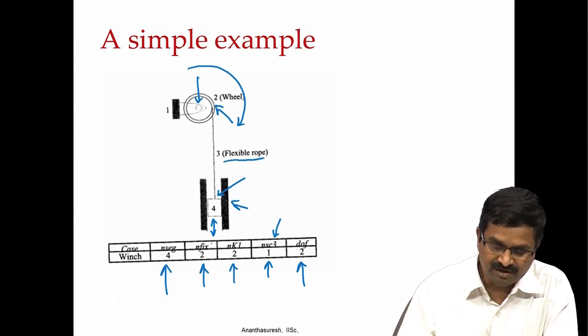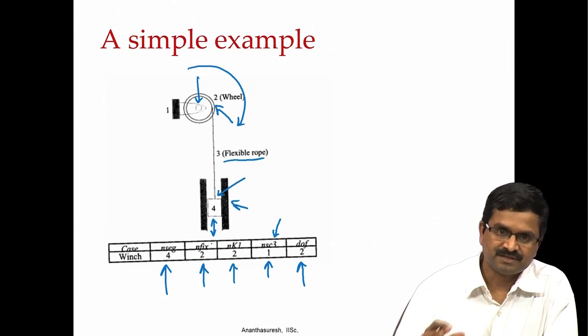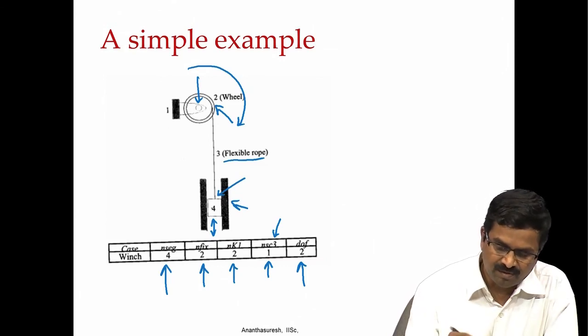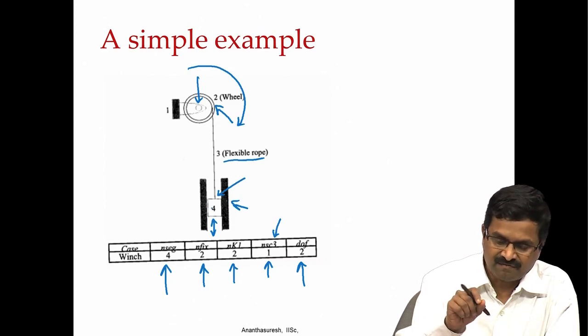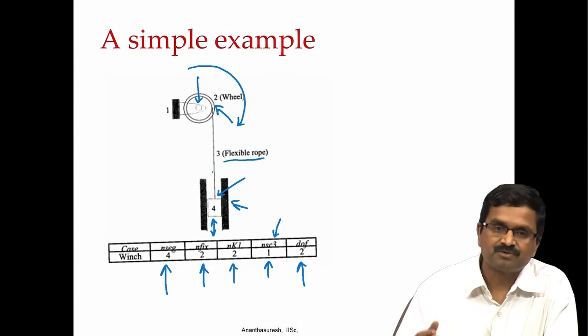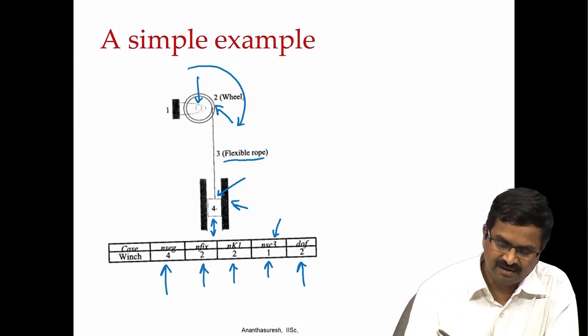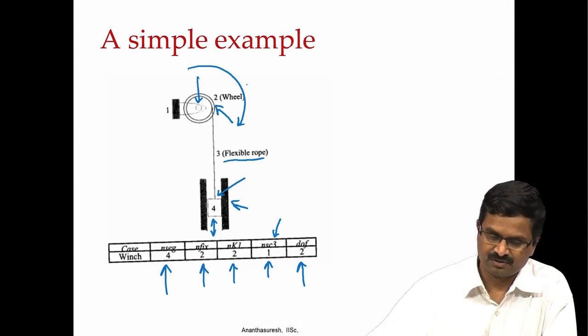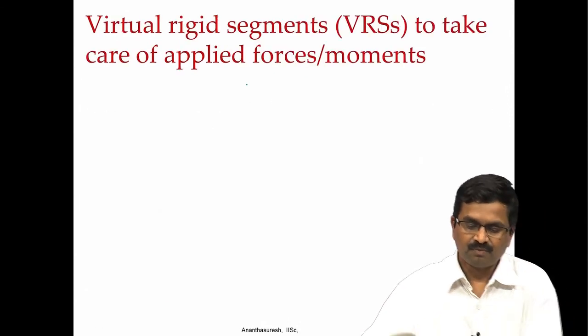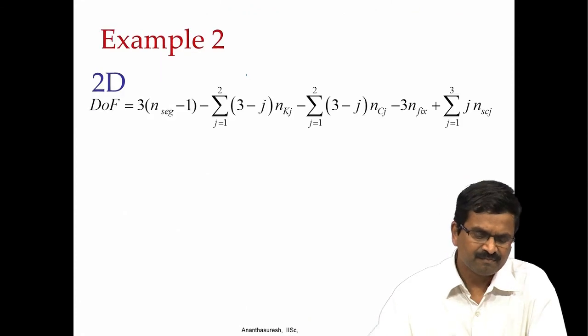If we give these freedoms, everything about this mechanism is fixed, including what happens to the flexible rope. Instead of flexible rope, even if we have, let us say, a flexible strip which could buckle when applying force upwards, that still counts as 1 degree of freedom. Here 1 degree of freedom for the wheel too. So, we can consider several examples.